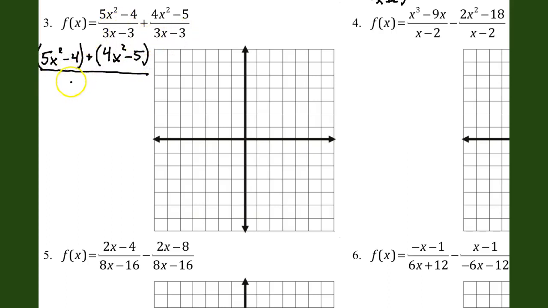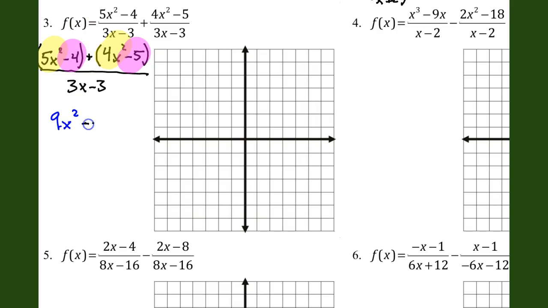Denominators are the same, so 3x minus 3. All right, simplify that top, see what you get. I get 9x squared, negative 4 plus negative 5.